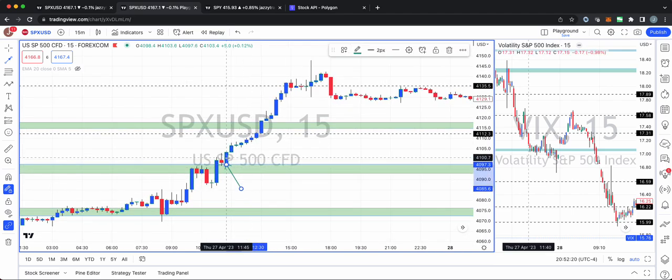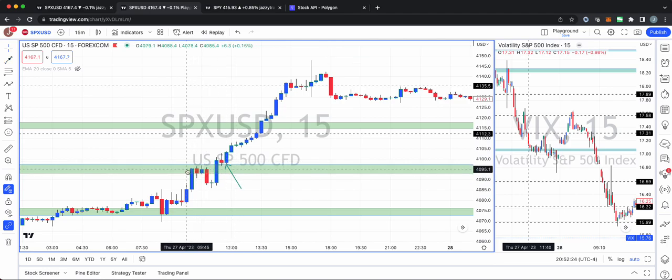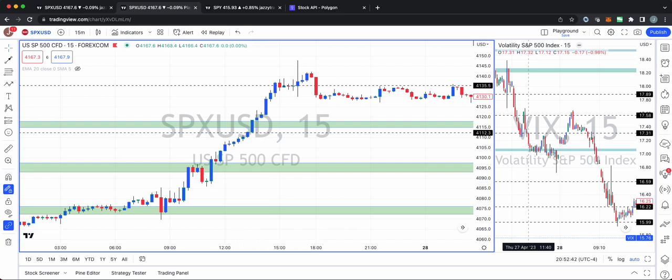Why? We're testing the supply demand zone, we're testing previous structure, we had a bullish close above, so price action is saying we enter here. Now if I miss this entry and I'm looking for entry all day long, I'm not gonna get one. Shit happens basically.